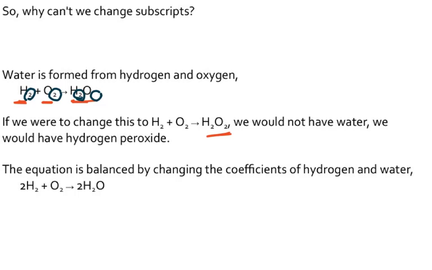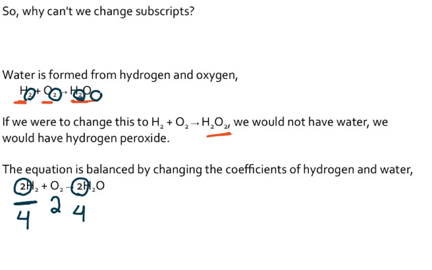What we do, however, is we change the coefficients. And if we have 2 hydrogen molecules and 2 water molecules, this would then balance. Why? The 2 H2s mean we have 4 hydrogen atoms on the left, and we have 4 hydrogen atoms on the right with 2 H2O.